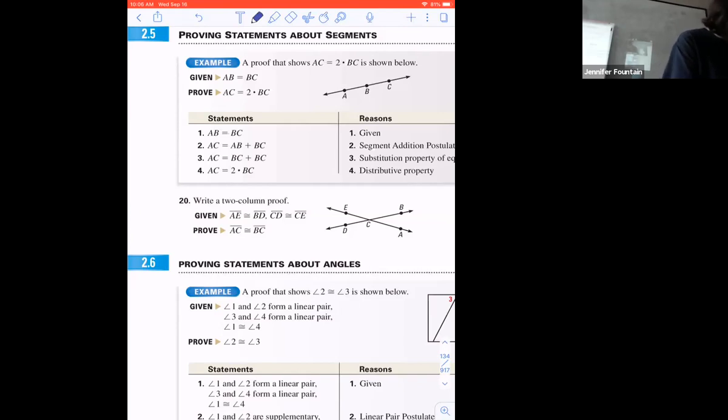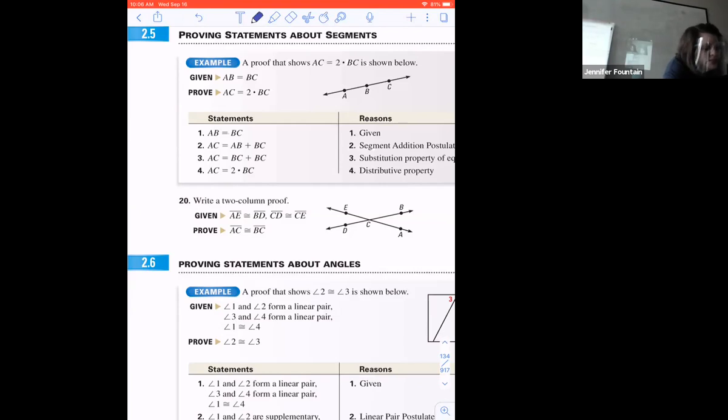So basically it's saying that Q then P, so we were doing the inverse. So if you look at what they gave us, P and Q, P is points X, Y, and Z are collinear, Q is points X, Y, and Z lie on the same line.